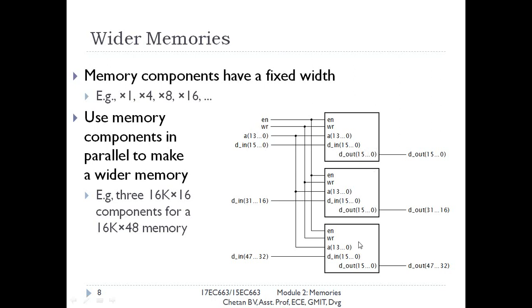Here we have 3 memory components, first, second and third, combined in a parallel manner. We have a common enable for all 3, a common write signal for all 3, and common address lines for all 3. Only the data input and data output are different.